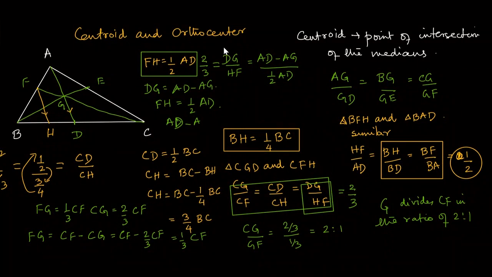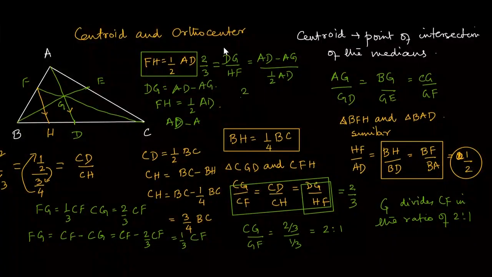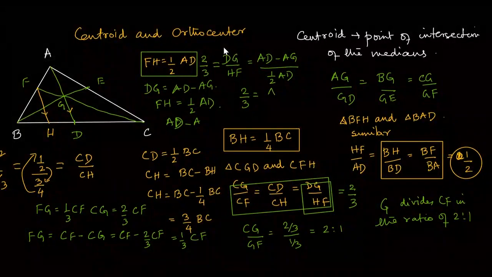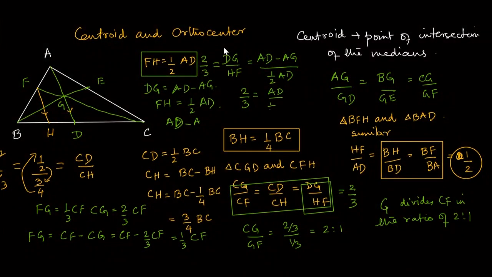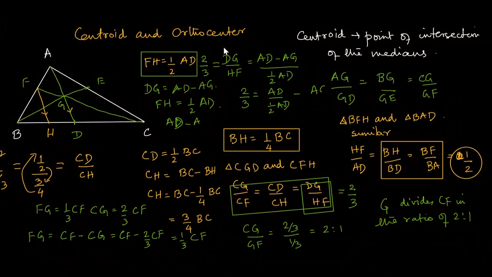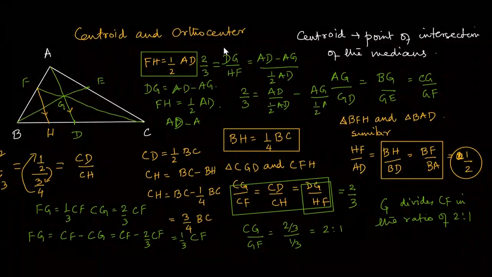So I can write this as 2 by 3 is equal to AD by half AD minus AG by half AD.